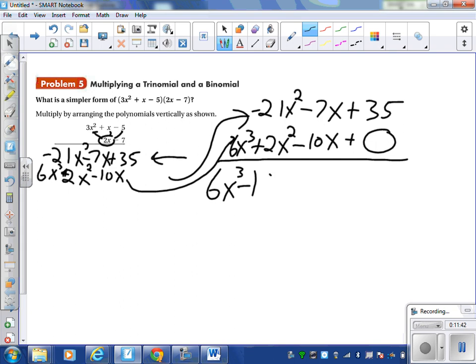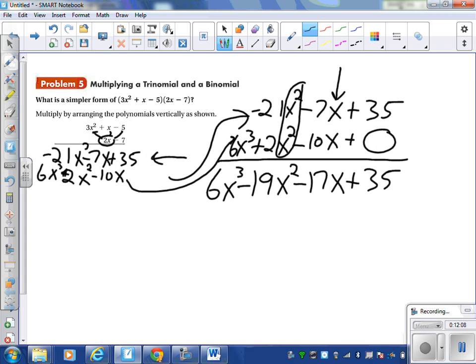So minus 19x squared. My x squareds are all lined up. Now I have my like term with the x's. I have a negative 7 plus negative 10. That becomes negative 17x. And then 35 plus 0 is 35.